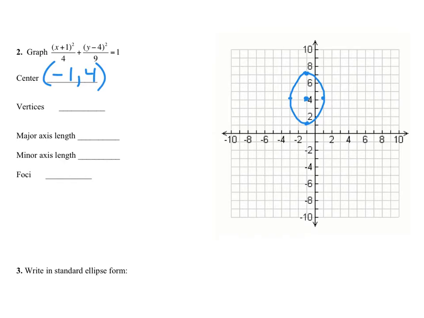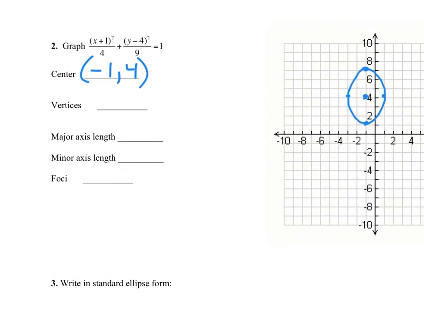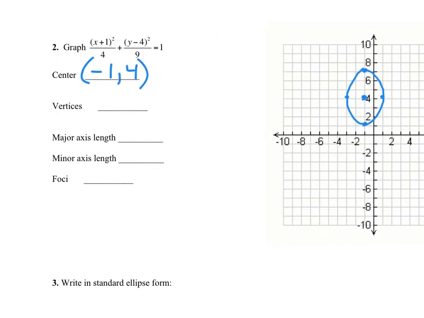Here we go. And now let's answer all these questions over here. Okay, the vertices. You can see them on the graph. Do you see the vertices? You can count that here's a vertice right here, and here's a vertice right there. The first one's at -1, 7, and the other one's at -1, 1. Let's say you don't have a nice grid like that.